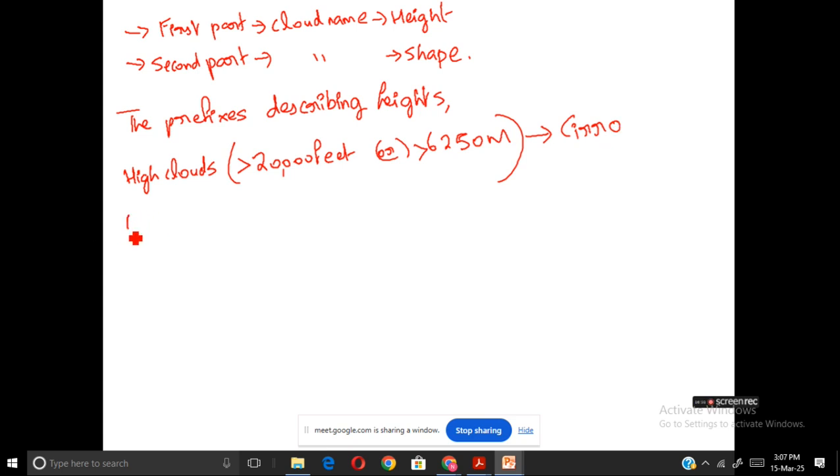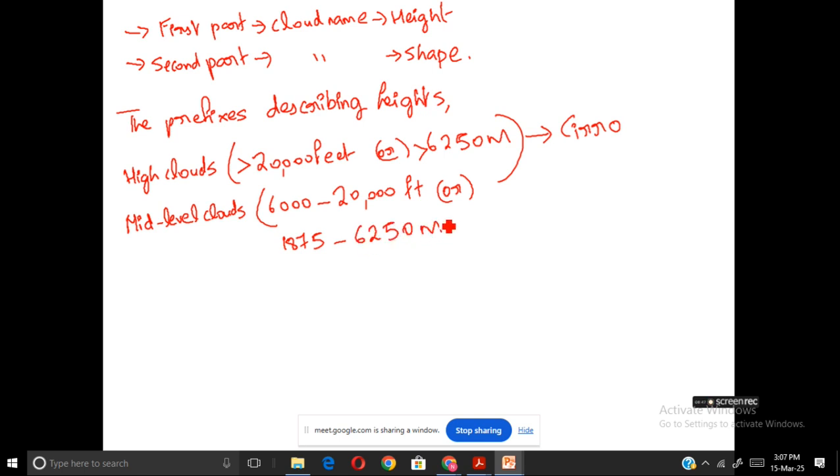And in the case of mid-level clouds, which are found at a height of 6,000 to 20,000 feet, or in meters, 1,875 to 6,250 meters, these have the prefix alto.